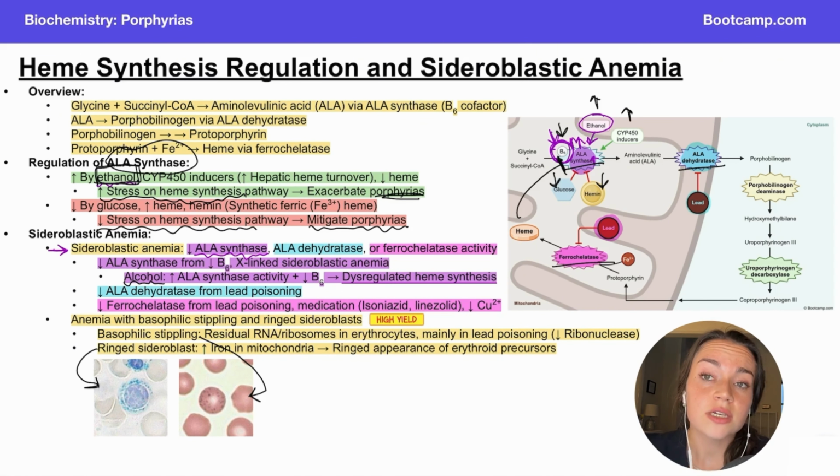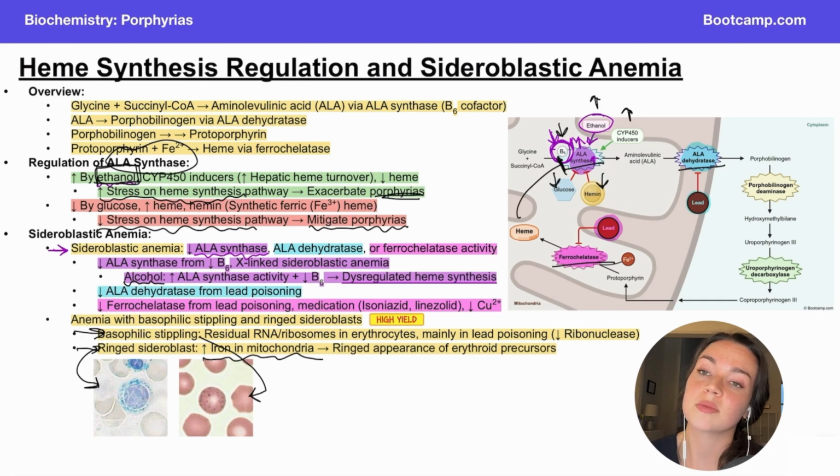And while the nitty-gritty of sideroblastic anemia can vary a lot depending on the etiology, we said the hallmark of sideroblastic anemia was an anemia with ringed sideroblasts caused by iron deposition around the nucleus of an erythroid precursor, as well as potentially some basophilic stippling coming from RNA and ribosomal aggregates in mature erythrocytes.